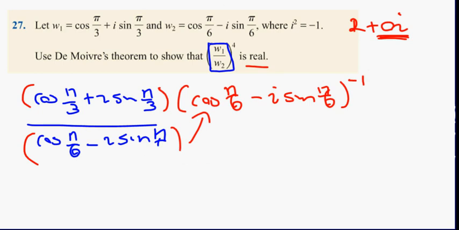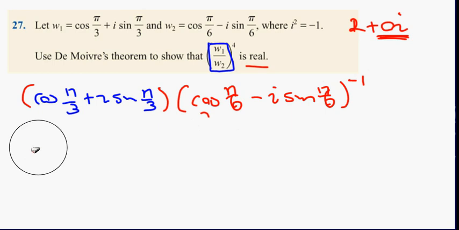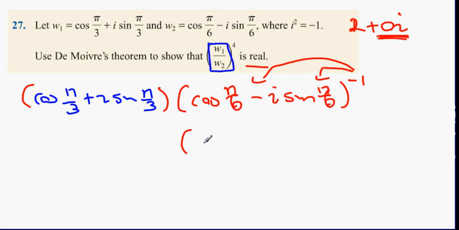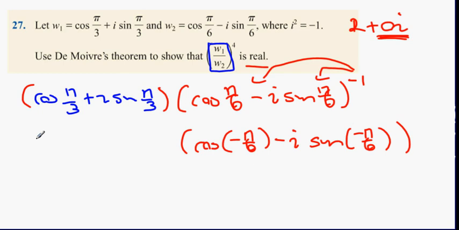And then I'm going to use De Moivre's theorem, and to use it, I'm going to multiply the power into the angle. So we're going to get cos of minus pi over 6 minus i sin minus pi over 6, and then cos pi over 3 plus i sin pi over 3.